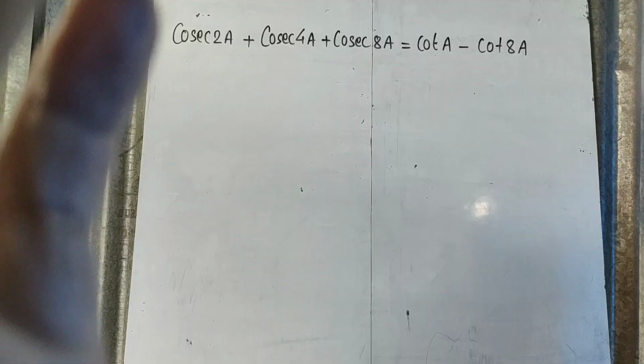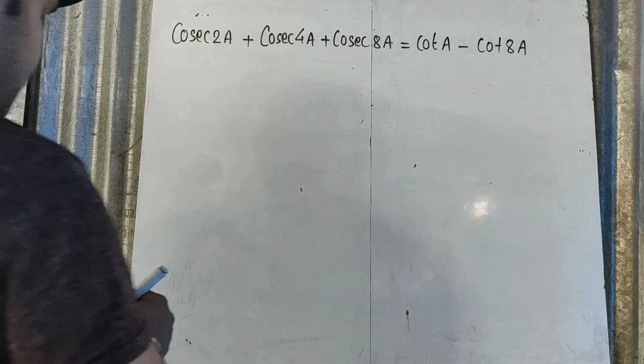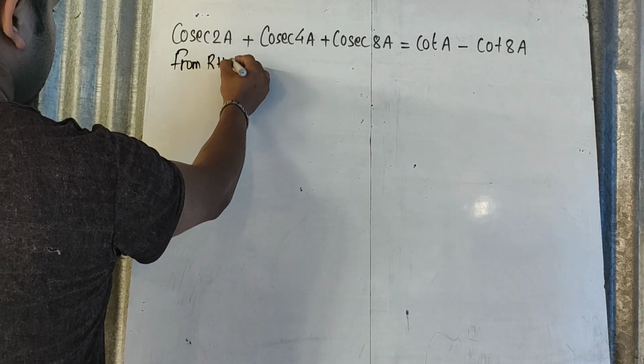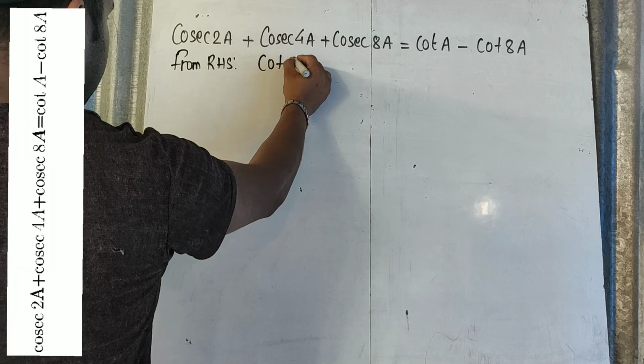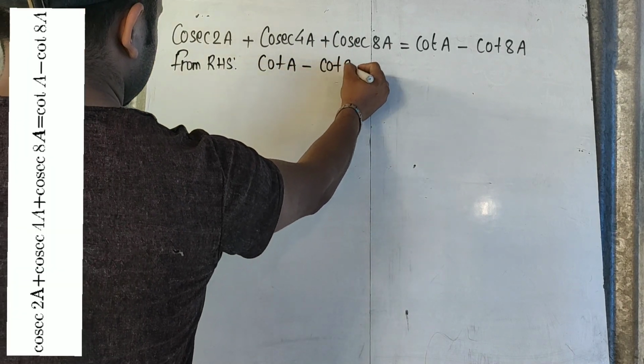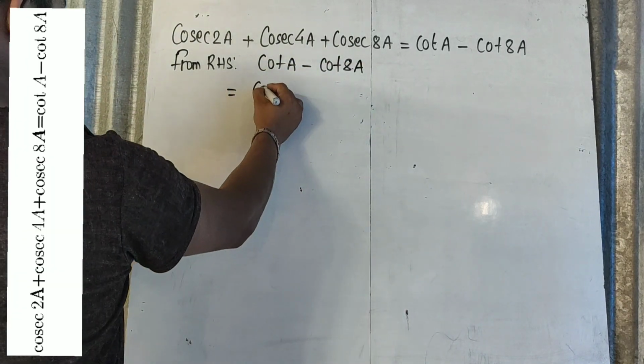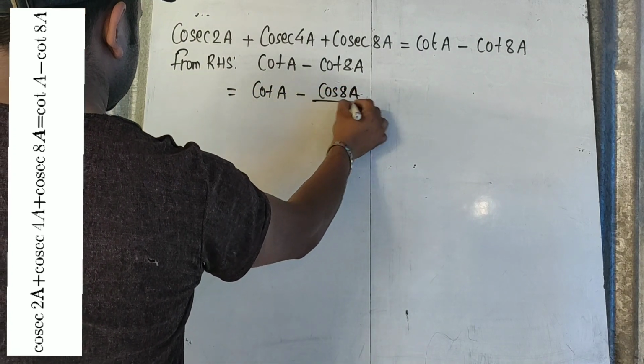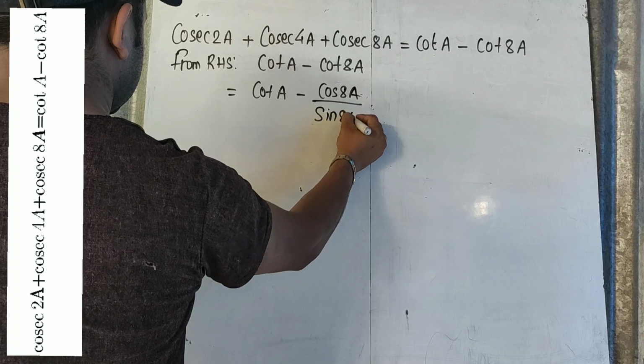I'm first solving this problem from the right hand side. From right hand side, you have cot a minus cot 8a. Cot 8a can be done as cos 8a by sin 8a.